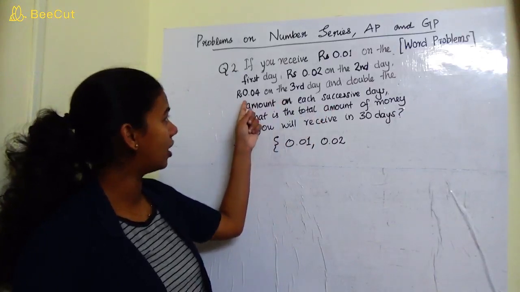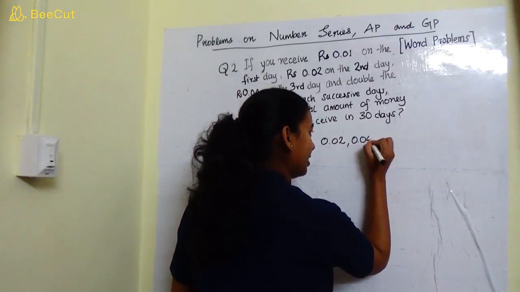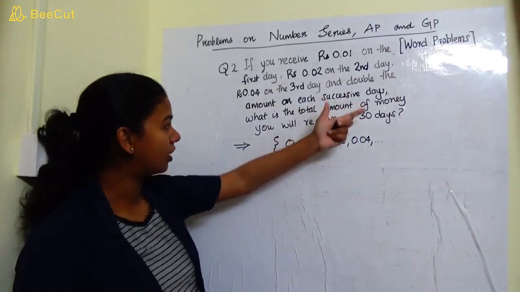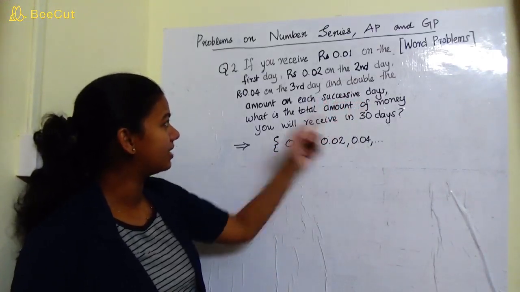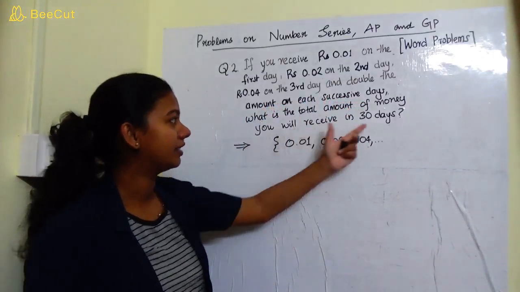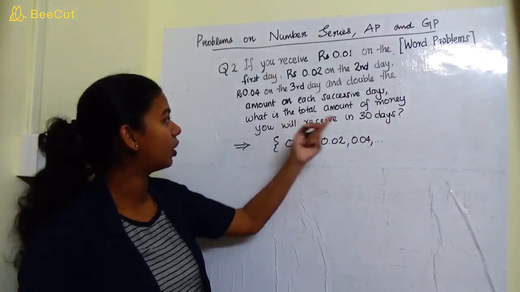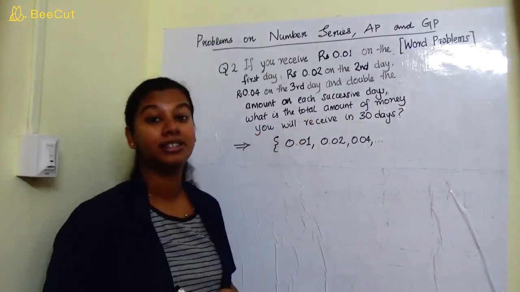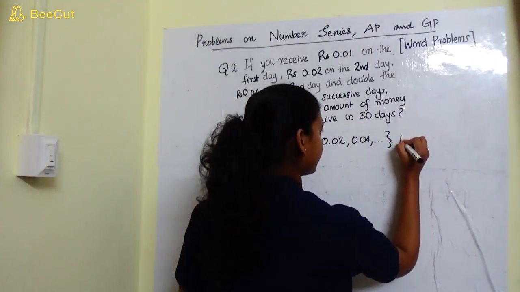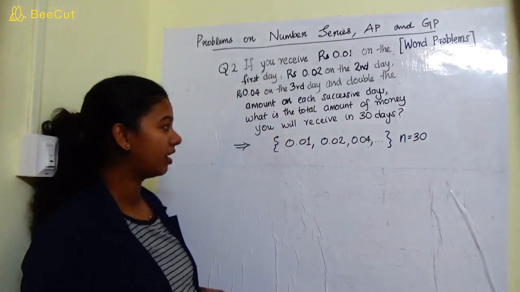And on the third day you are getting 0.04, etc. And on each successive days the amount is getting doubled. And finally they are asking what is the total amount you will receive in 30 days. So we have n equals 30.